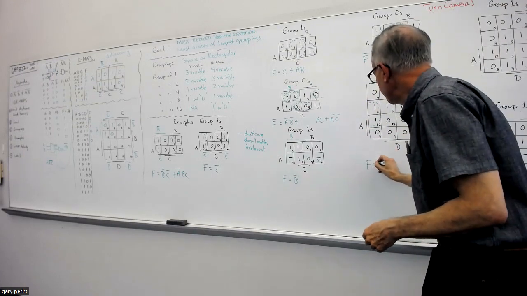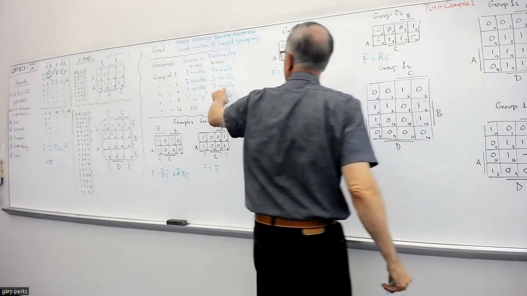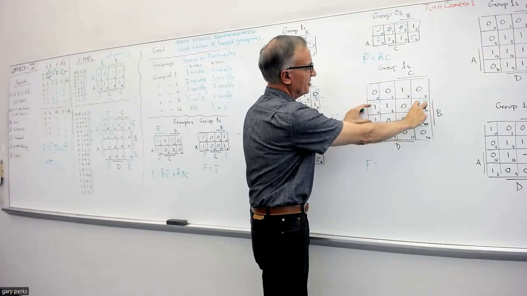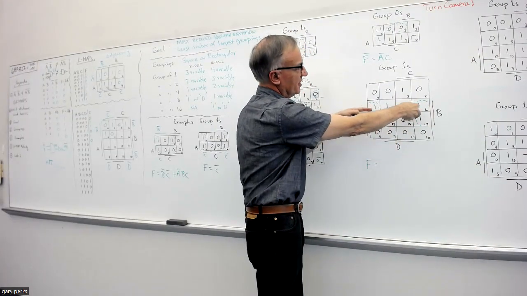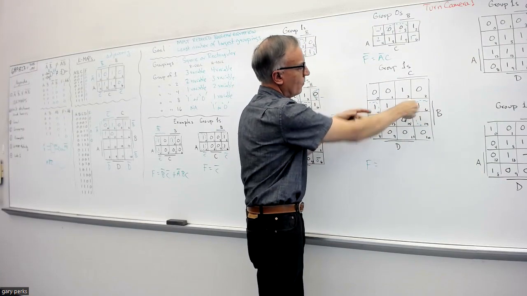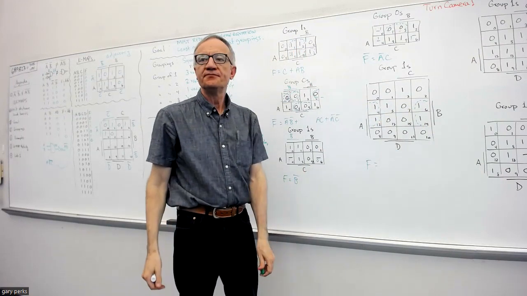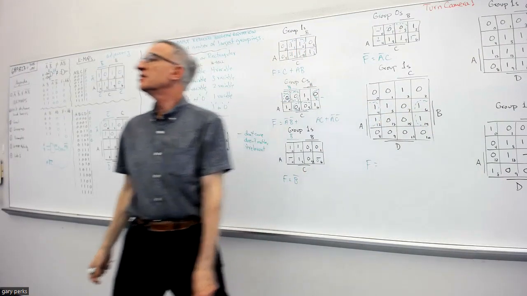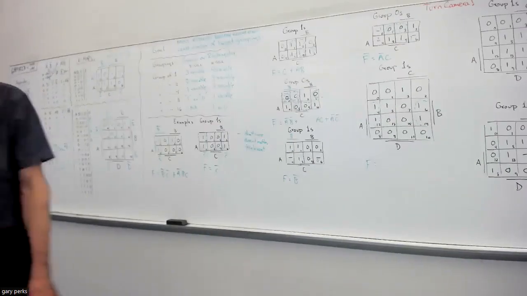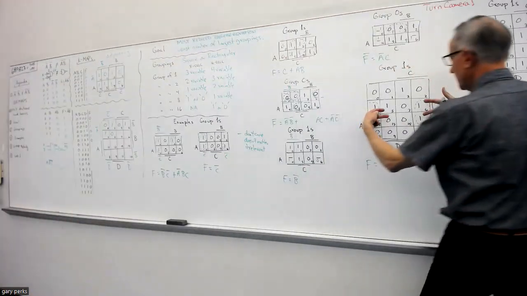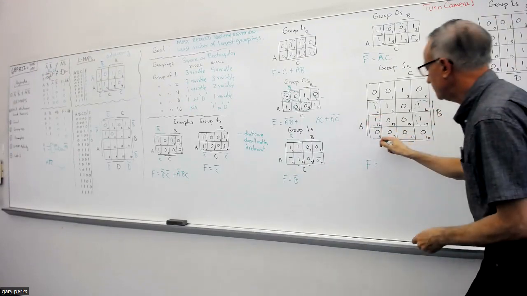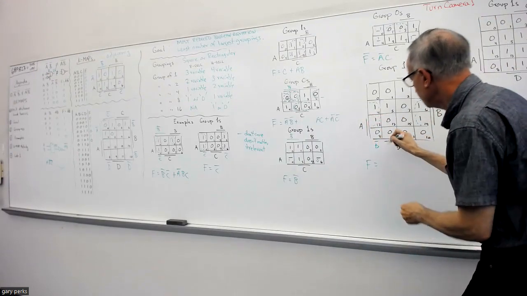So a 4 grouping in 16 cell gives us 2 variables. So what 2 variables are the same for these 4 here? Say again? Yeah, B, right? Because they're all in the B row, and then not D, right? Remember this is not D. That's it.